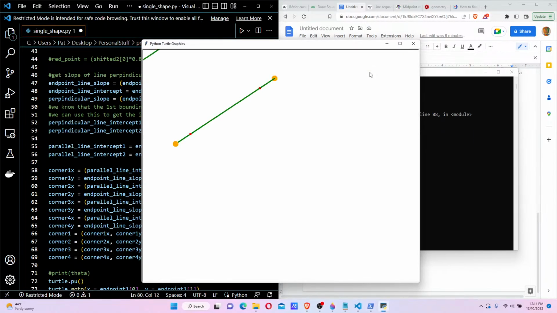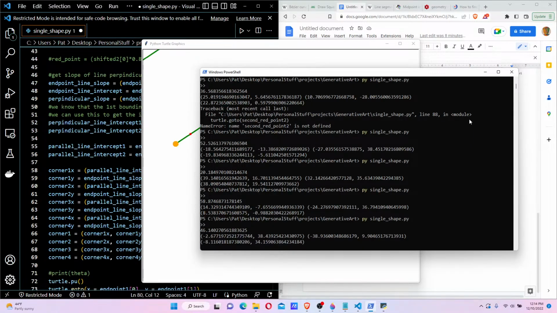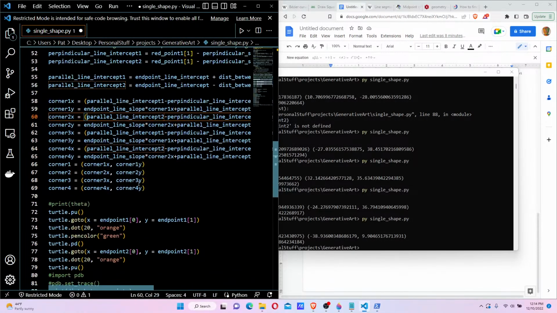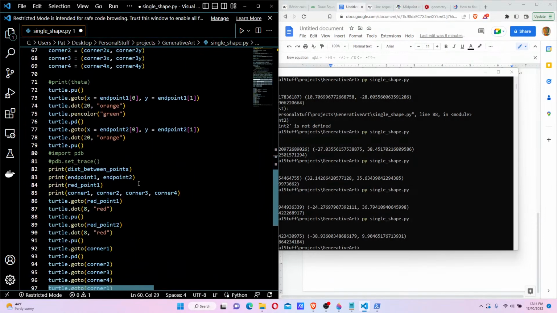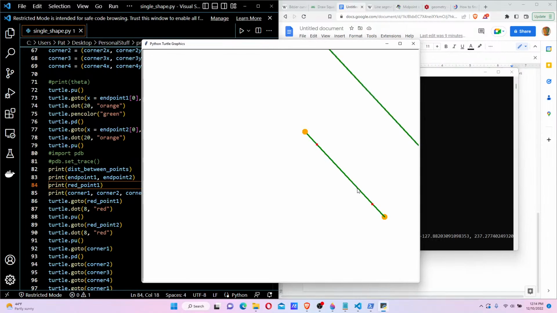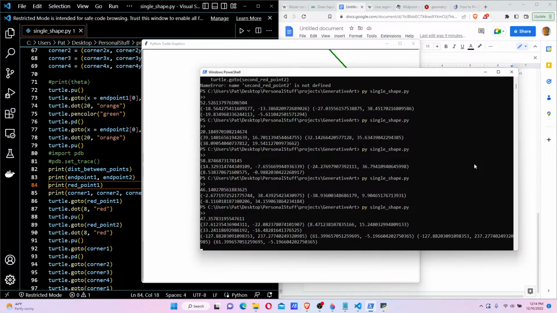Print the values, what's it look like? Guess I didn't add that yet. Print, print, print, print, print. Save. Run again. What's it look like? Okay, so the corners: minus 127, 237, 61, minus 5, minus 127, 237. So corner 1 and corner 3 are the same.